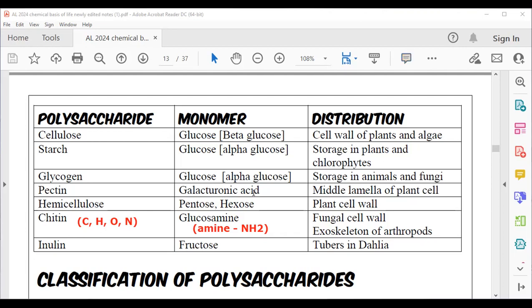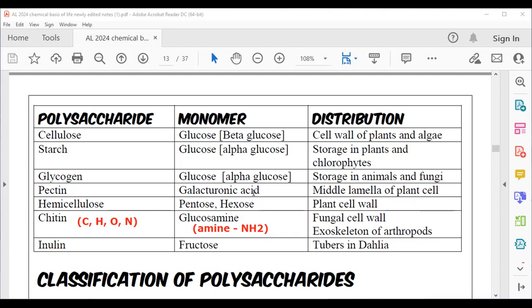There is a beautiful plant. Its flowers are very beautiful, right? And that plant is dahlia. Dahlia plant. Flowers are very nice.